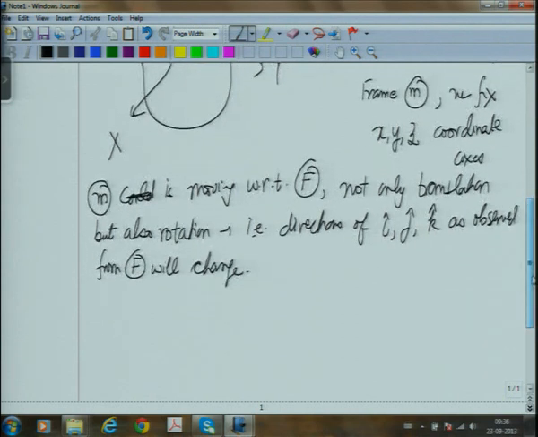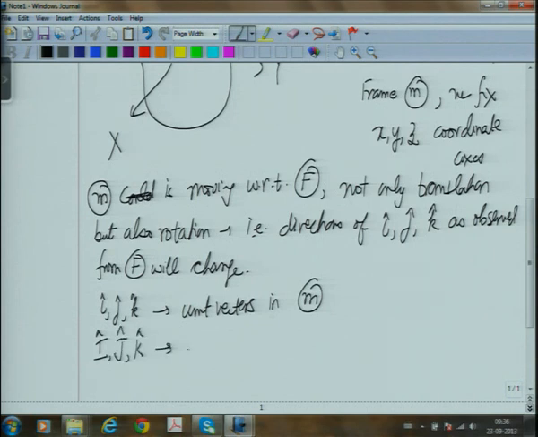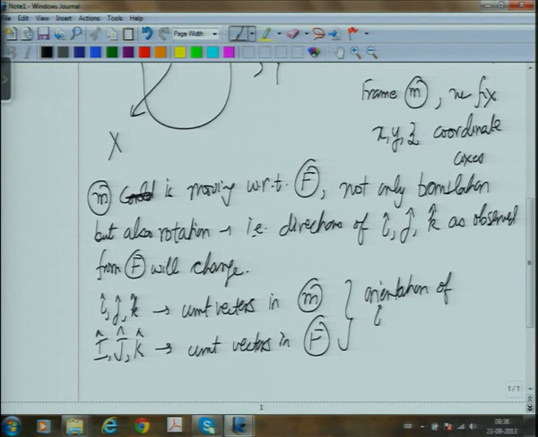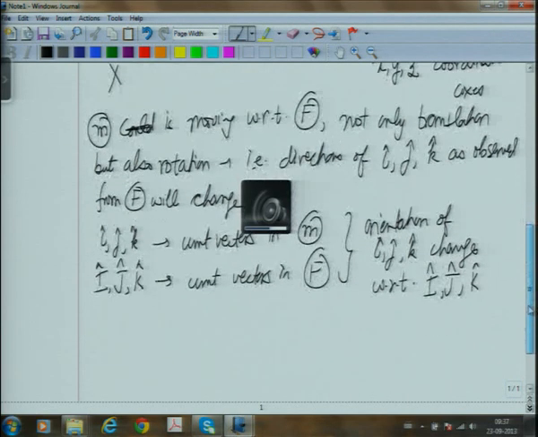Now let's call small i, j, k unit vectors in M, and capital I, capital J, capital K unit vectors in F. And as we say, orientation of small ijk changes with respect to capital IJK.